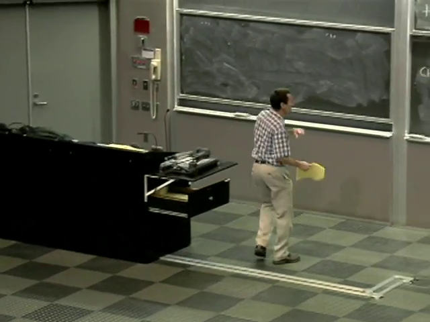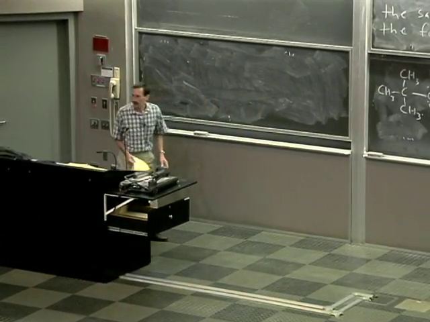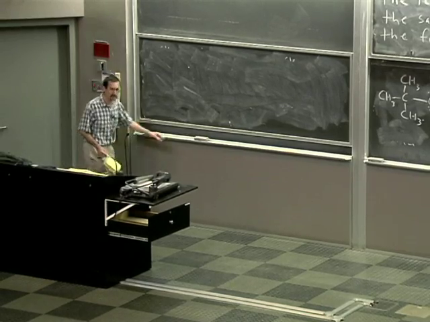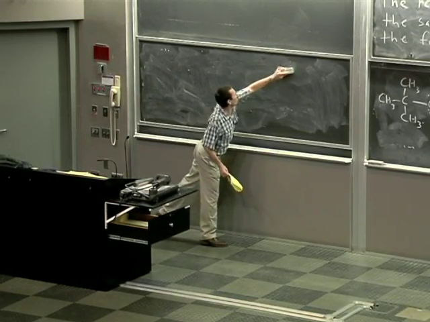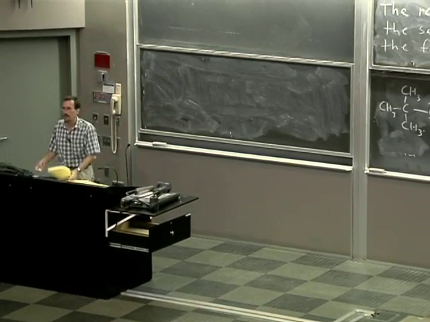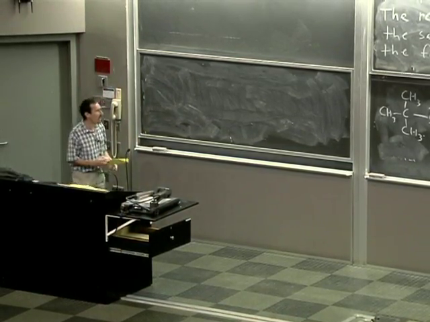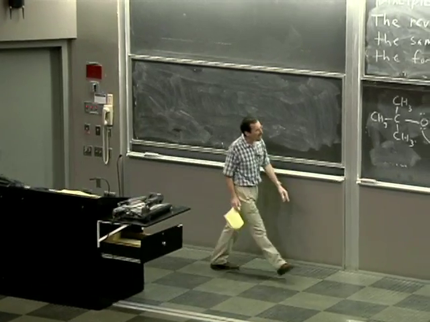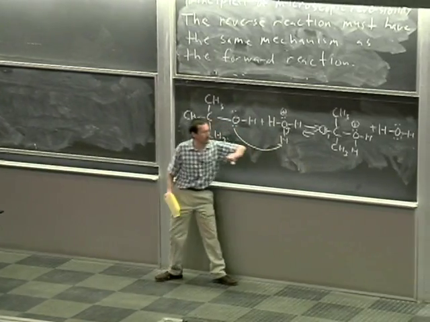All right, next step of the mechanism. And this is hard because you haven't seen this before. We're learning things that are new. The next step of the mechanism is the exact reverse of the middle step. We have protonated tert-butanol.